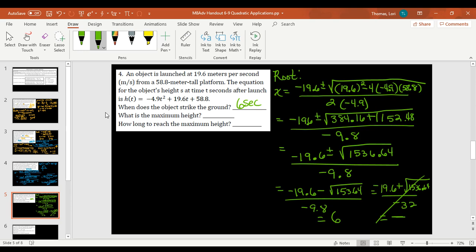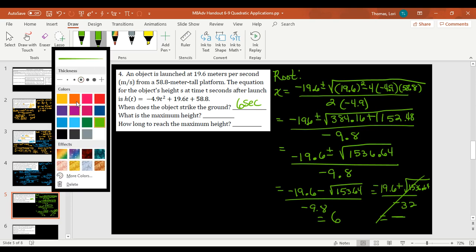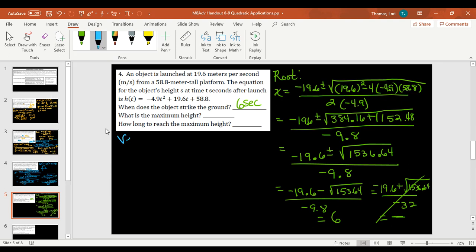So the maximum height is going to be the y part of your vertex. How long does it take is the x part of your vertex. So let's switch out colors, and let's get our vertex. x equals negative b over 2 times a.